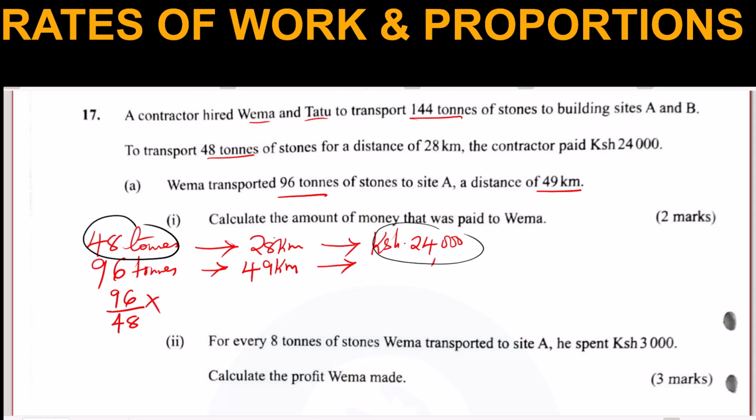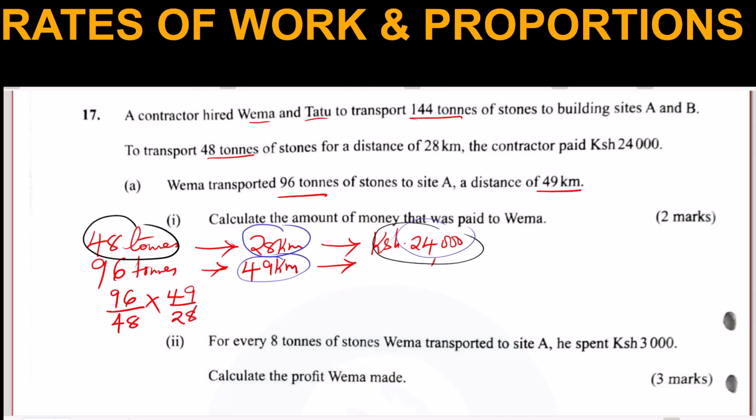So for transporting a distance of 28 kilometers, 24,000 is paid. What about for transporting a distance of 49 kilometers? The distance is increasing from 28 to 49 kilometers, so the amount paid is also going to increase in the ratio 49 to 28.